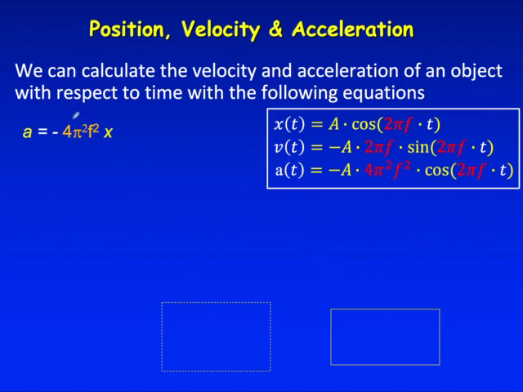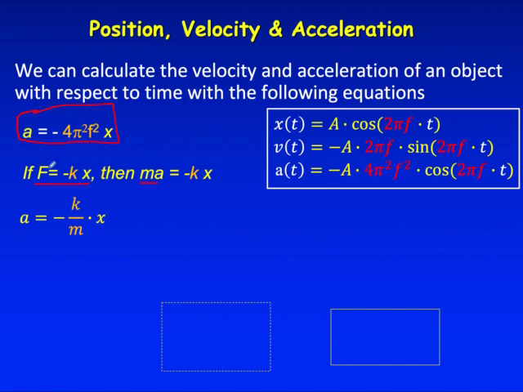Given this equation I gave you just a moment ago, we said that acceleration equals negative 4 pi squared f squared x. What can we do with this? Well, if you remember Hooke's law, which is the single requirement for simple harmonic motion, you replace the force with ma. And if you do that, and then divide both sides of this equation by m, you get a equals negative k over m times x. And you might say, well, why'd you do that?